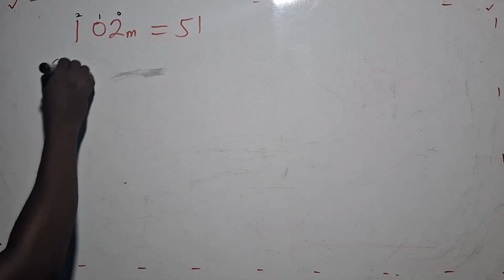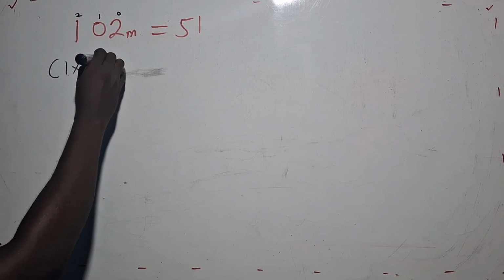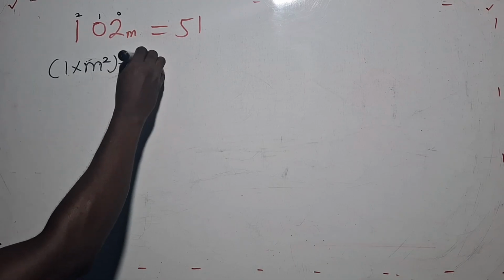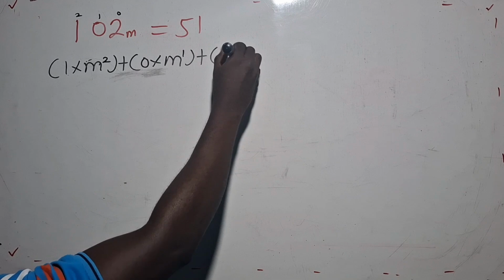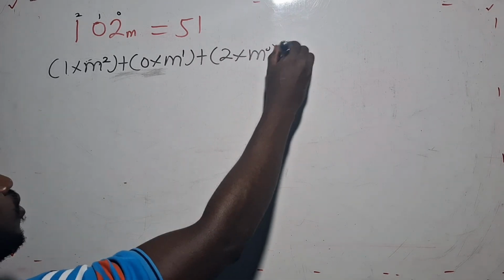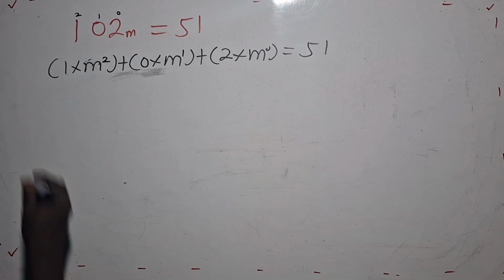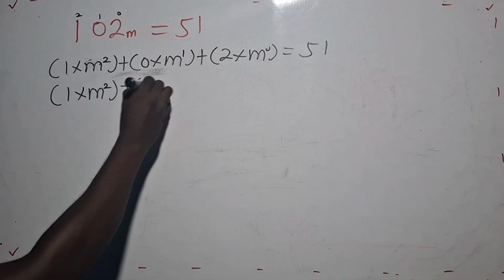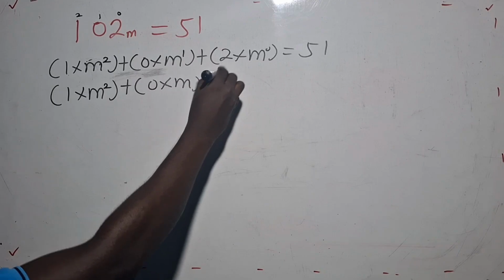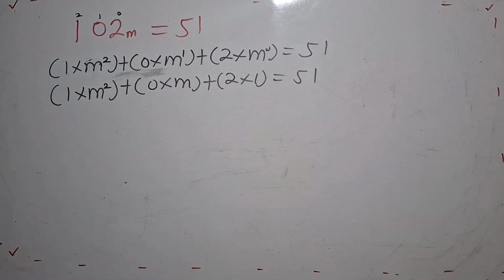So I've awarded it. So I have 1 times m power 2. Then I have 0 times m power 1. Then I have 2 times m power 0 is equal to 51. So 1 times m squared, 0 times m, then I have 2 times 1 is equal to 51.